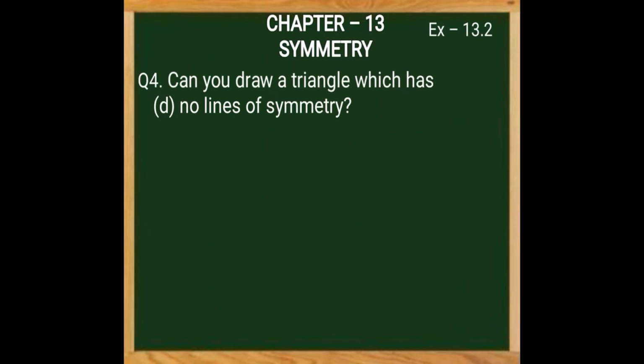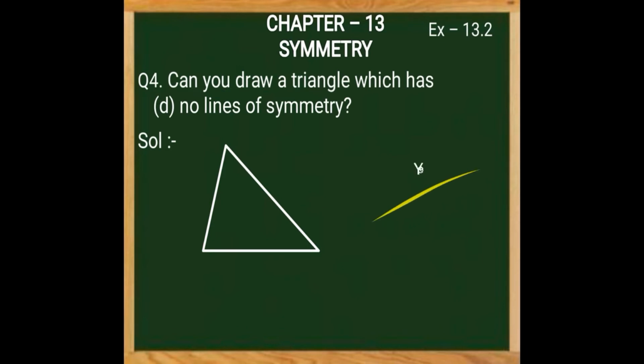A scalene triangle is a triangle which has all three sides of different measurement. So if all three sides are of different measurement, it is not possible to draw any line of symmetry for such a triangle. So here comes the figure, and you will say yes, a scalene triangle. That was all about question number 4.